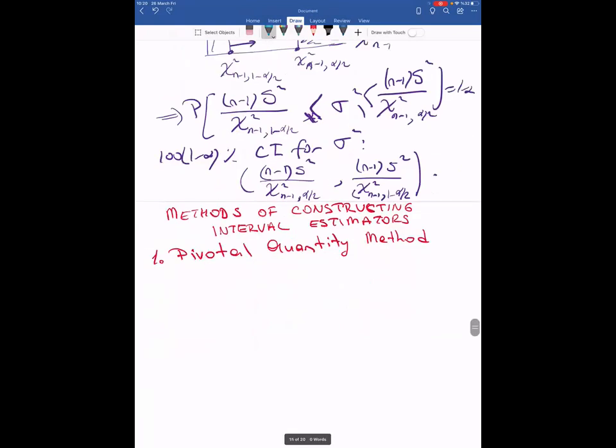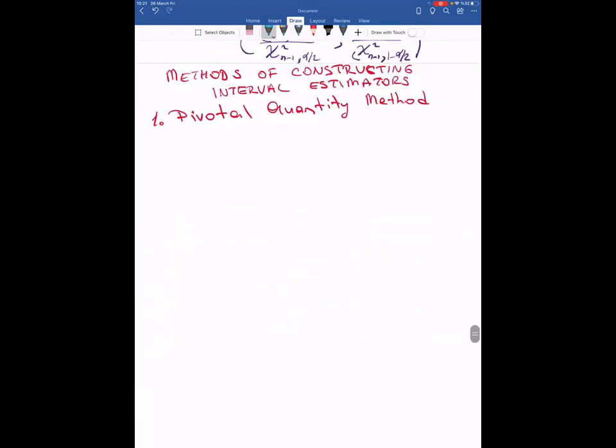Okay, so let's start with the definition. The first definition of pivotal quantity, this is Q. Lowercase q is a function of sample random variables and also the unknown parameter theta. Because of that, we name it a quantity, not a statistic, because it is a function of the parameter and also a statistic.